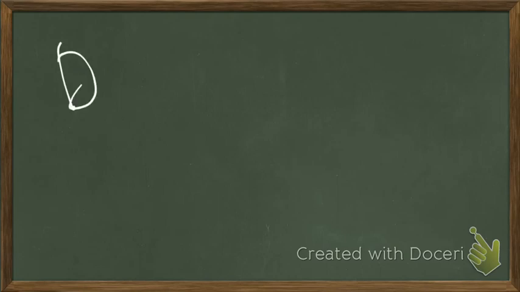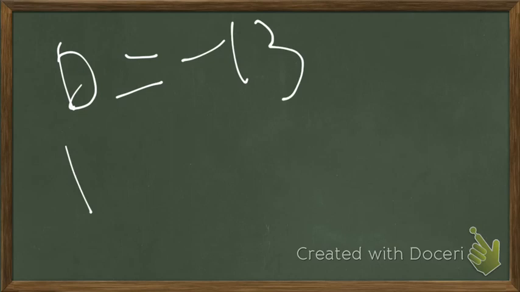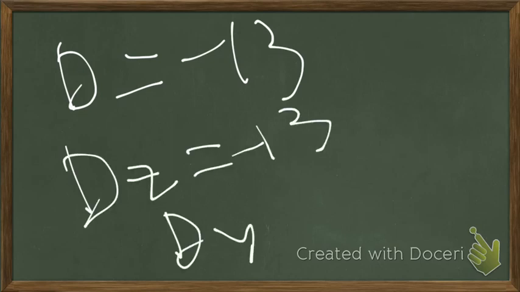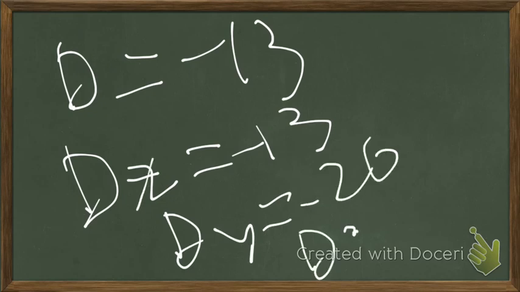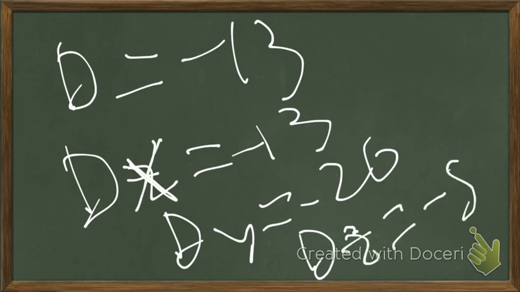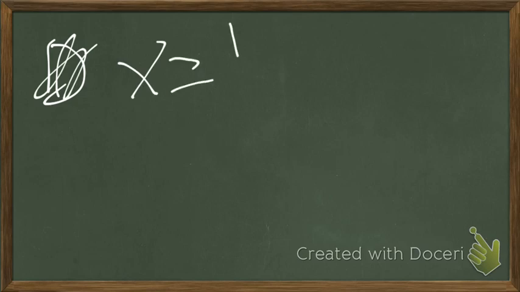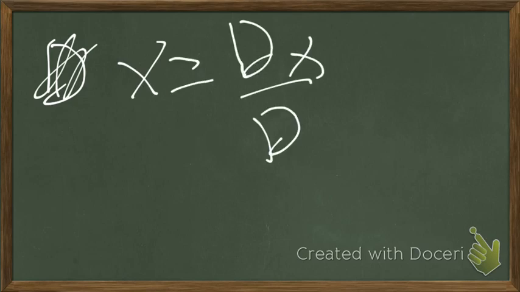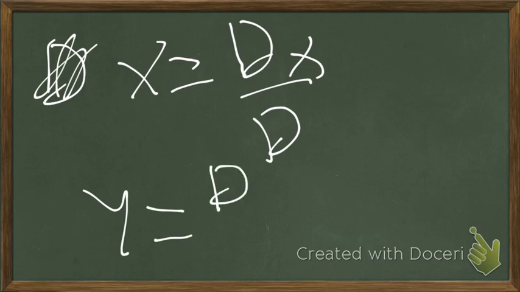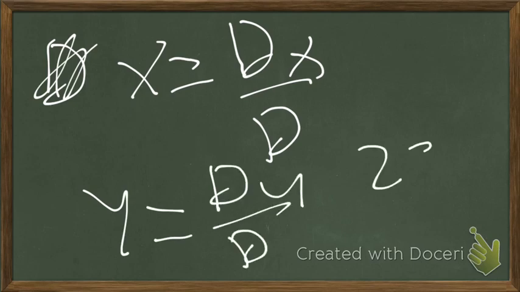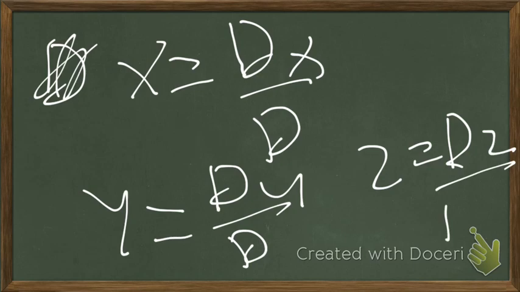Okay, so we have d equals negative 13, dy equals negative 26, dx equals negative 13, and dz equals negative 52. All I have to do is substitute in for x equals dx over d, y equals dy over d, and z equals dz over d.